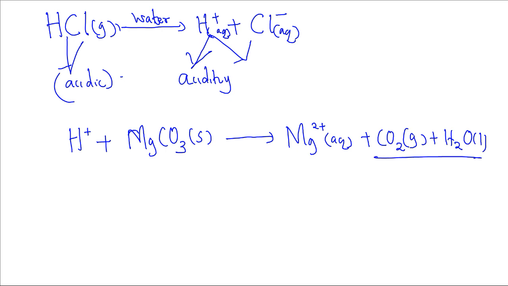So the carbon 4 oxide and water is formed from the reaction between the acid and the carbonate due to the presence of hydrogen ion, and by having that there, our equation is balanced.